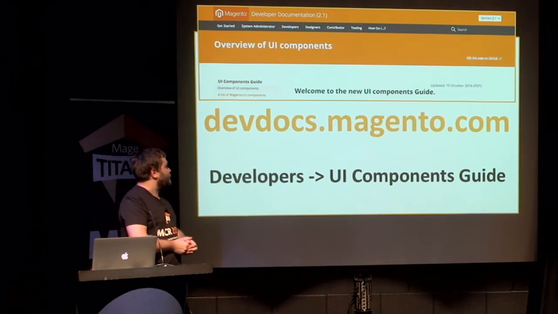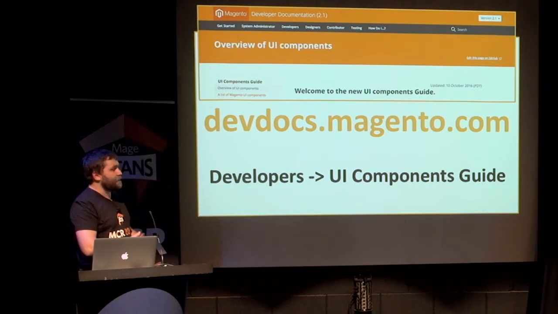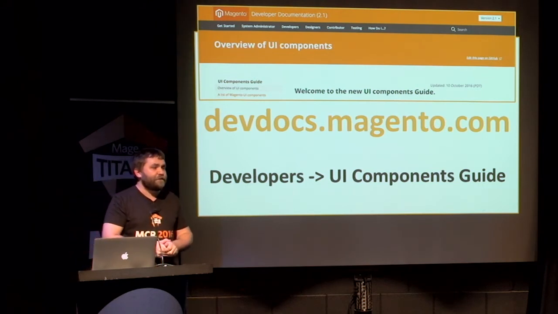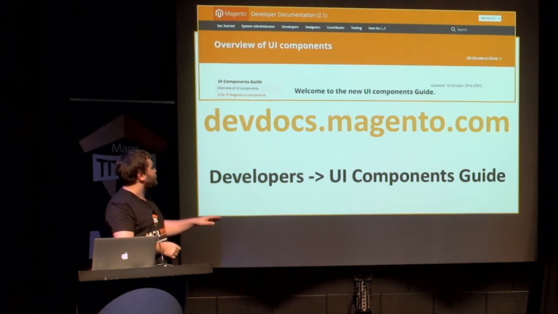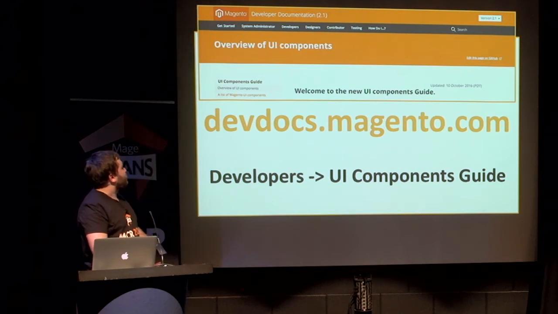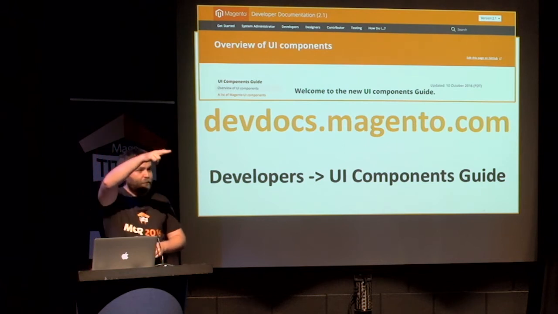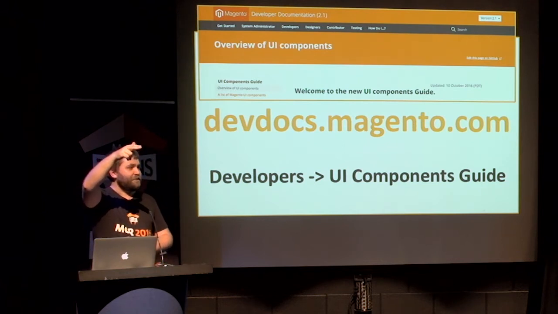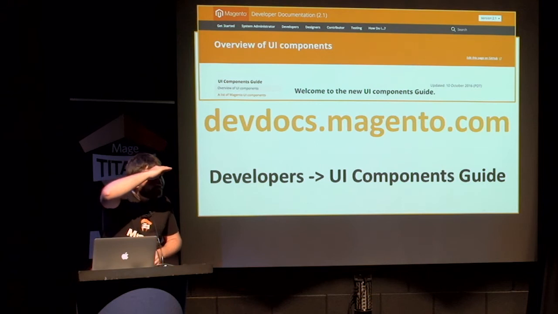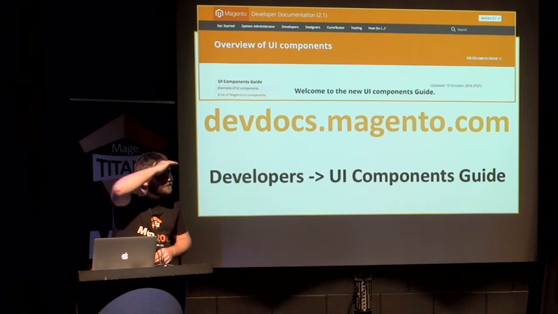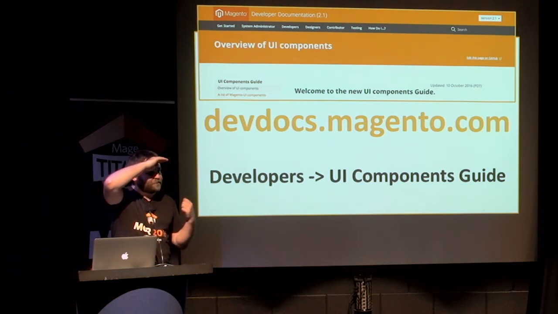Documentation portal, devdocs.magento.com. Has anyone read the whole list of articles related to the UI components guide? Raise your hand. One. Have you understood something? Okay, that is pretty cool.